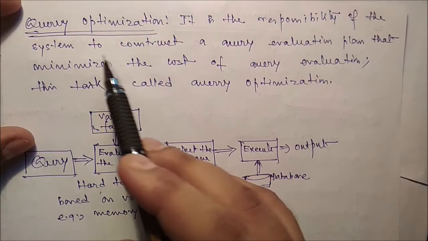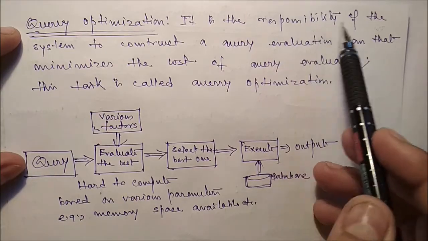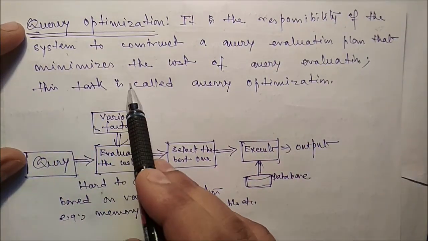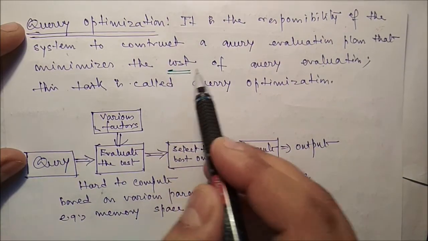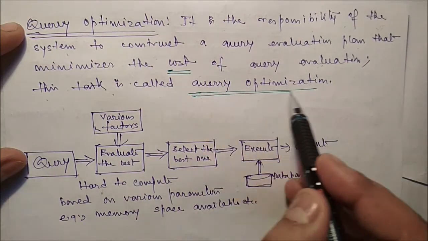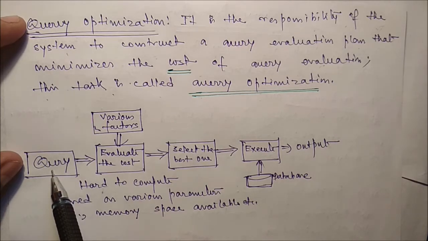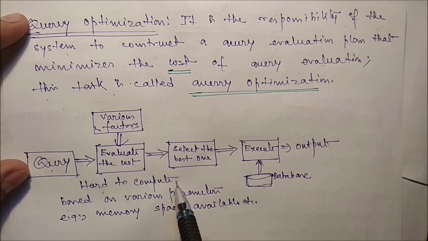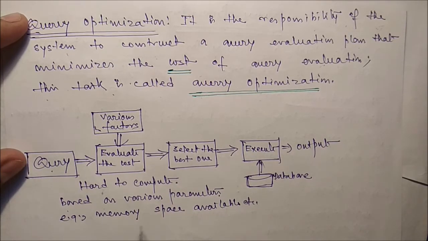Okay, so what is query optimization? It is the responsibility of the system to construct a query evaluation plan that minimizes the cost of the query evaluation. This task is called query optimization. First of all, evaluate the cost. It is very hard to compute, and it is based on various parameters, such as memory space available.